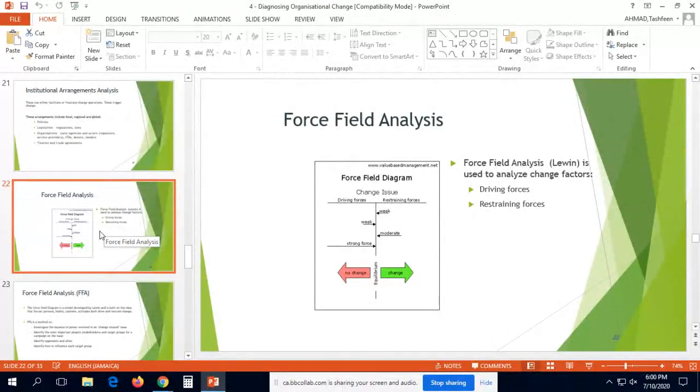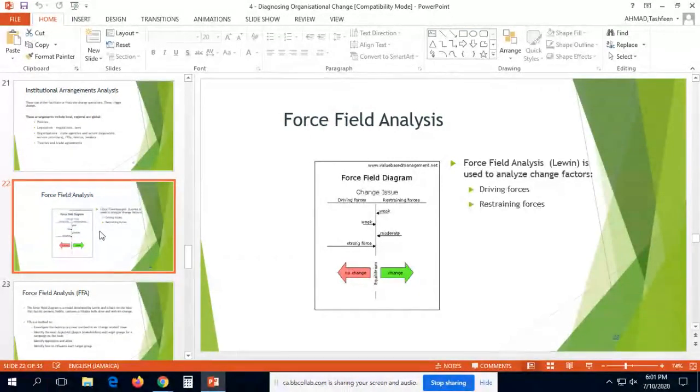Force field, I explained it in the previous clips. Please watch them. Essentially, you can reflect on the same example I was giving a while ago. There is a status quo, and some people are asking for change and some people are resisting the change. Resistance is a very big topic which we will start talking about from next week.